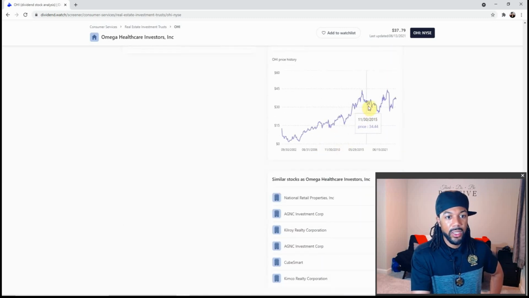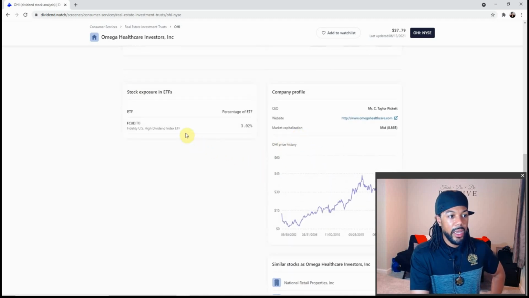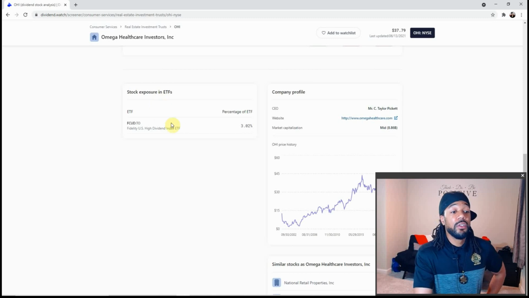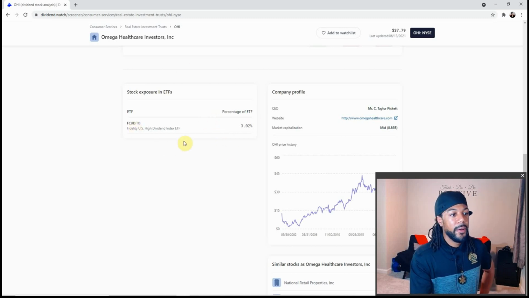And then its chart looks good to me. The growth looks great. And then you see the ETF exposure though. As you see, this one doesn't have as many people on it as AGNC did, but I like Omega, OHI.